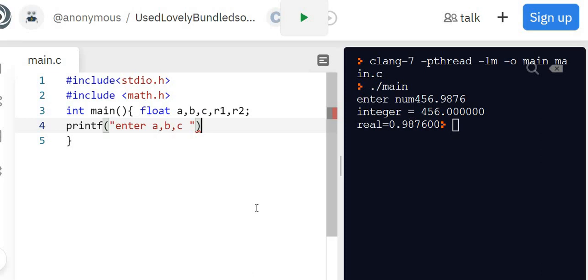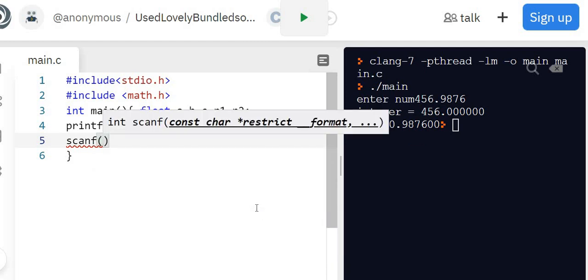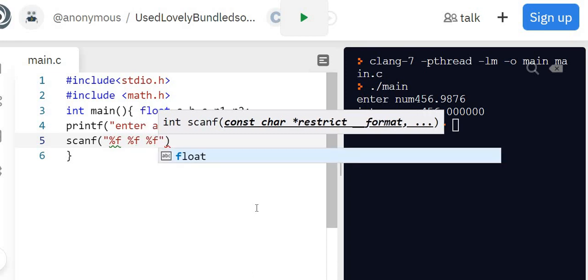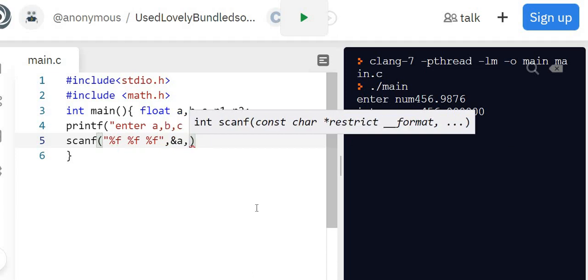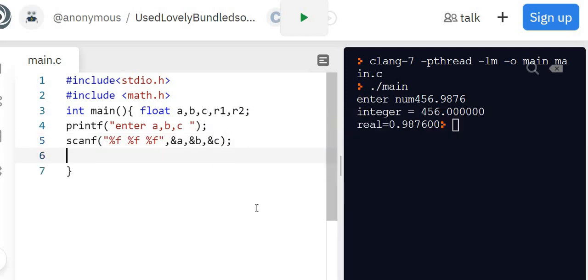We have to read these values. So and a and b and c, don't forget and. So we have three values. Now we have to write down the equations.